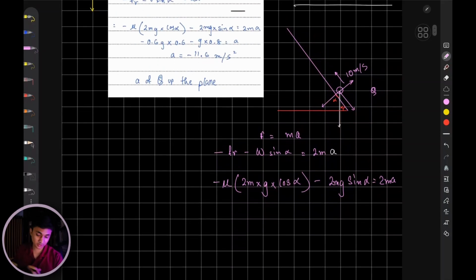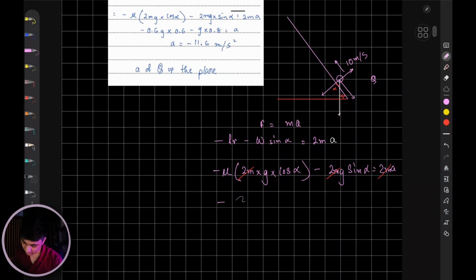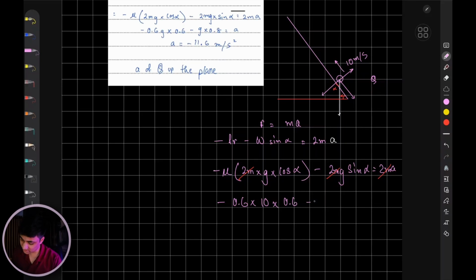Now, notice one thing, all the 2m is going to be cancelled off, right? 2m, 2m, 2m. And your final answer is going to be 0.6 times, notice gravity in case of mechanics is 10. So 10, and it's going to be 0.6 times, what was it? 10 times it was 0.8.